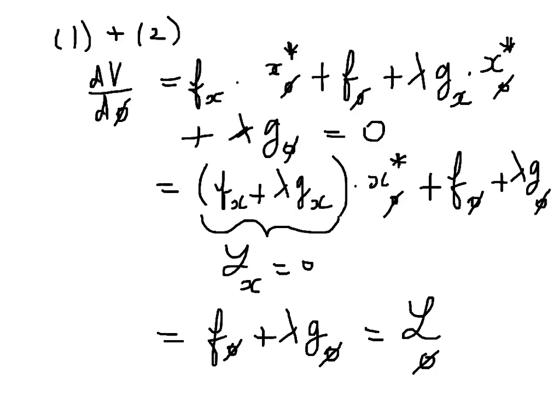So whereas before we were just looking at the objective function, and we were saying that the derivative of the value function with respect to phi was equal to the partial derivative of the objective function with respect to phi, holding x star constant. Now we can do the same thing, except we are replacing this with the partial derivative of the Lagrangian with respect to phi.